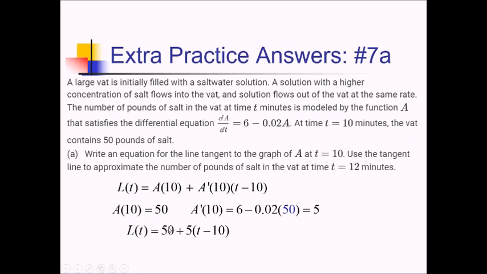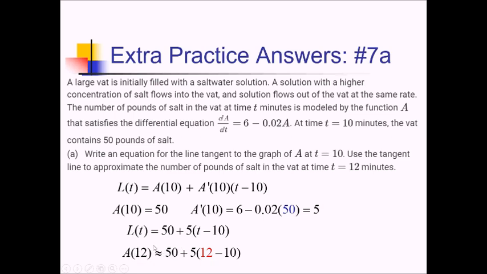So there is one thing we had to do. They wanted the equation of a tangent line, and whoop, there it is. Next, we need to know the approximation for time 12 of the pounds of salt. So for that, we're going to just plug 12 into the equation we just wrote. So 50 plus 5 times 12 minus 10. And I notice I'm writing A of 12 is approximately equal to this.